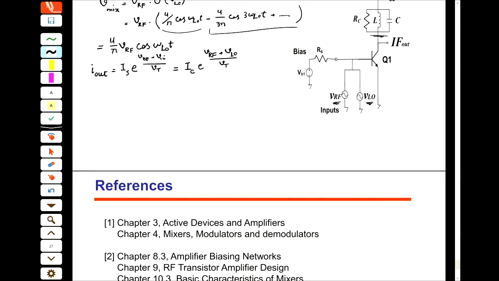I mean the AC component, and it's equal to IC e to the power VRF divided by VT, e to the power VLO divided by VT.